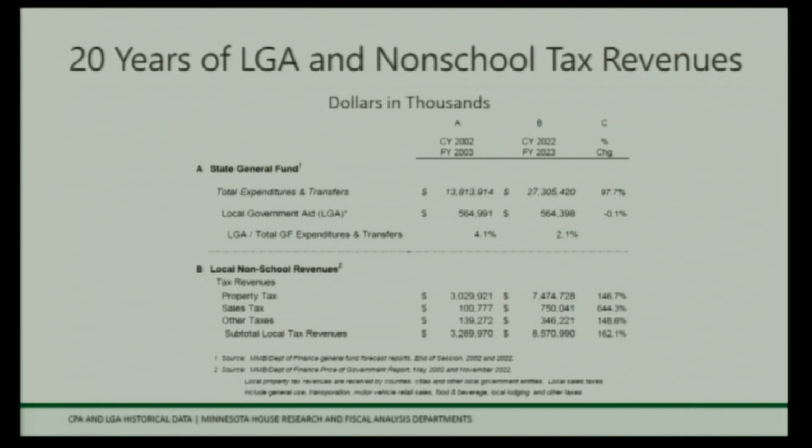Sales taxes grew 644%. Other taxes, 148%. And so you can see how those shifts of revenues have grown and changed and where the emphasis lies.